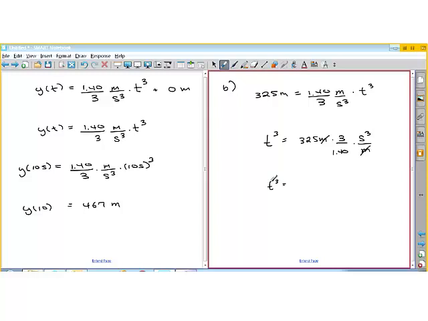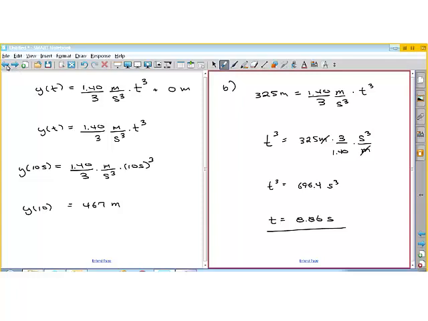So you get 325 times 3 divided by 1.4, which is 696.4 seconds cubed. Take the cube root, or the 1/3 power, and you get 8.86 seconds. So that is the time when the displacement is 325 meters. Notice at 10 seconds it was 467, and at 10 seconds it is 886. That makes sense because for lower time it's less displacement.